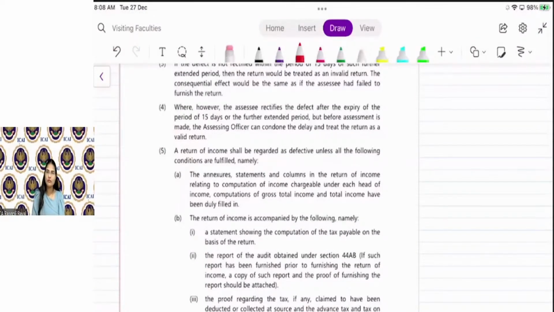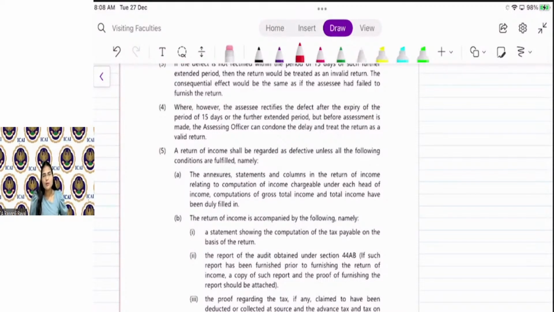So if the defect is identified by the assessing officer, you have to rectify it within the period given by him. Otherwise, the return will be treated as an invalid return, as if the assessee has not filed the return.